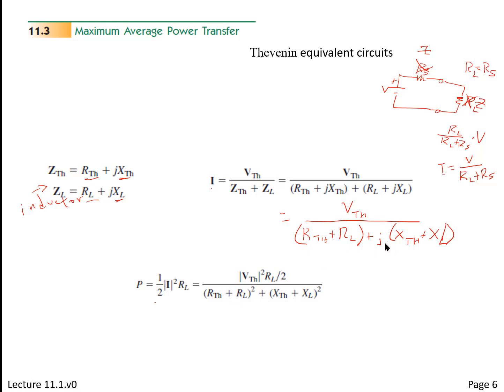These are actually vector quantities in disguise. They could be written as phasors. There is an angle associated with all of this.